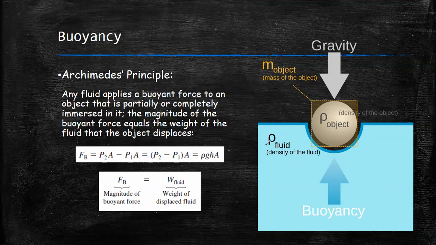The buoyancy is the difference between the force applied by the fluid to the object and the force applied by the object due to gravity. Let's say this is F1 and this is F2. The difference between the forces is our buoyant force.